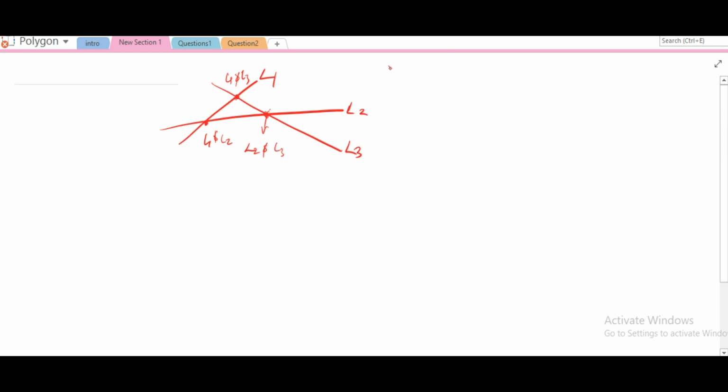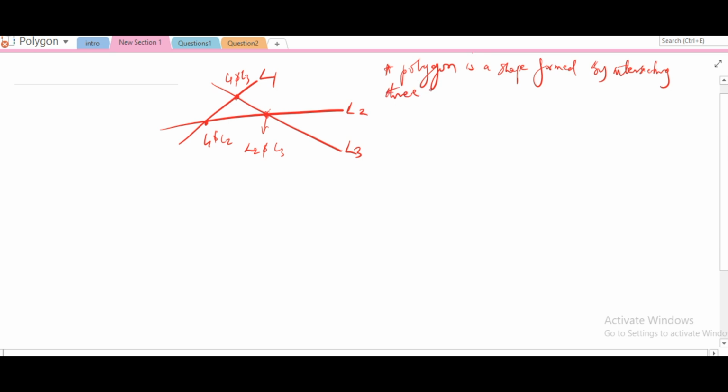So a polygon is a shape formed by intersecting three or more line segments such that, first, at most two segments meet at a point.